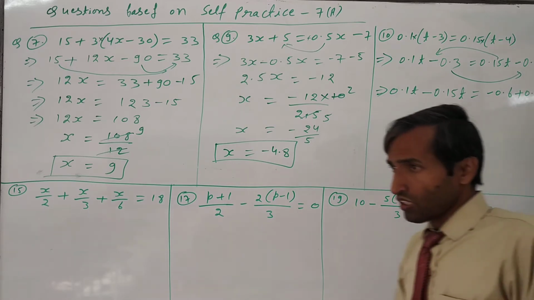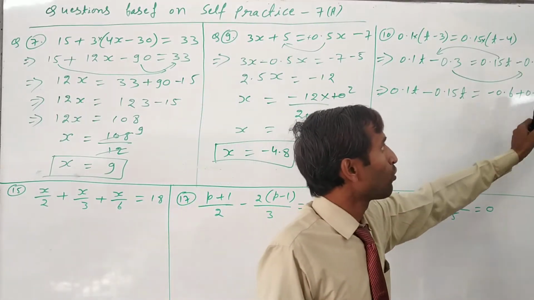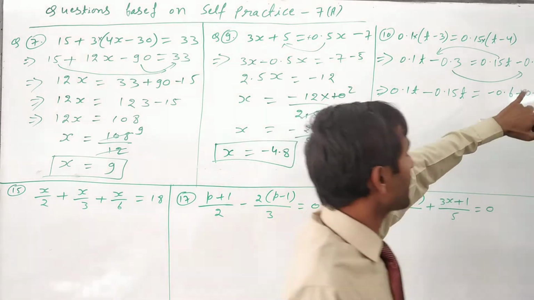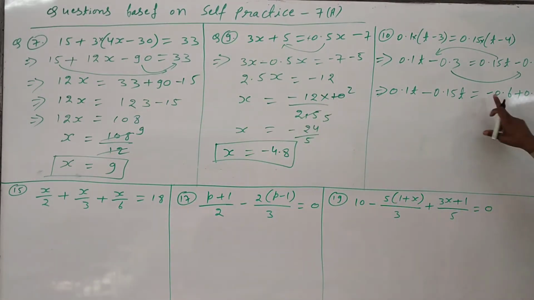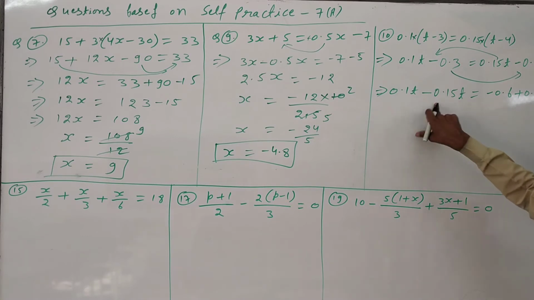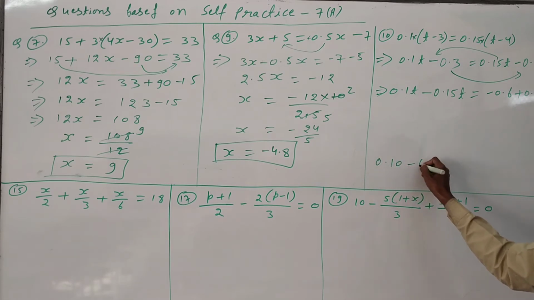Okay. Now we have to subtract these both and subtract these both. Here plus sign means it will not add. Here minus sign is there. That's why we have to subtract, and here also we have to subtract. For subtraction we have to make decimals: here 0.1 is there, then we put 0.10 minus 0.15. Then we subtract.